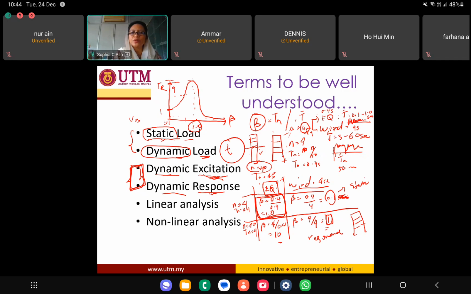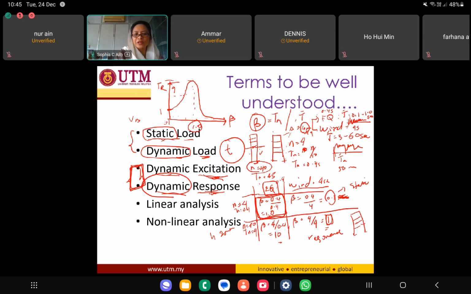For example, for the wind code, if you are using Eurocode, it says that the height is a maximum of 200 meters. Beyond that, it is not advisable for you to use the parameters and design procedures given in the code, because why? The dynamic effect of your structure may be governing, meaning your structure may give you a dynamic response for the wind loading that you are imposing to it. However, when it is less than that, you can use it with precaution.